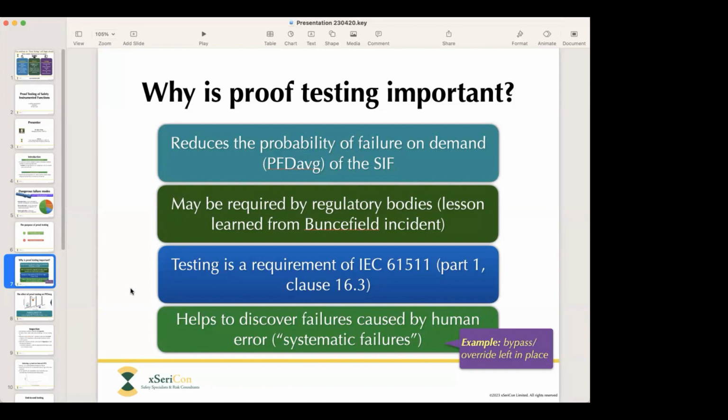One of the lessons learned from it was that although safety functions were provided that should have detected and prevented the overfilling of the tank, they didn't work.